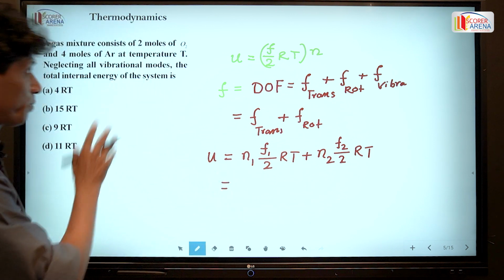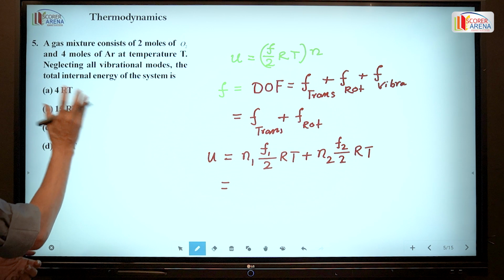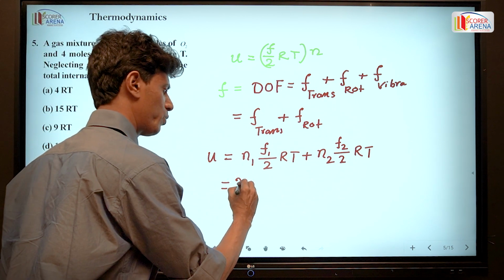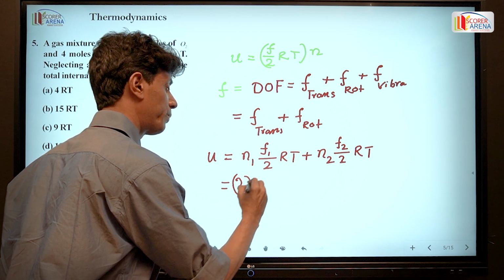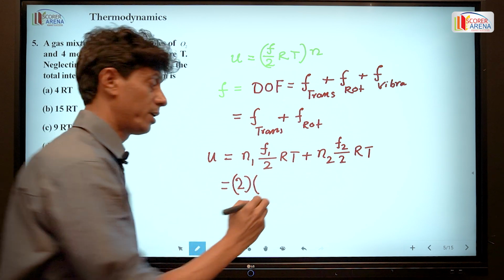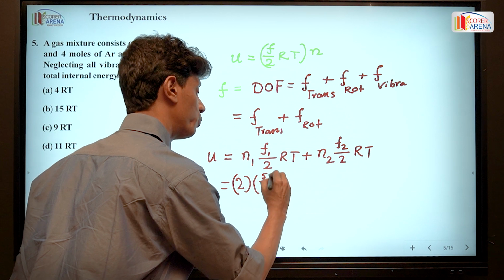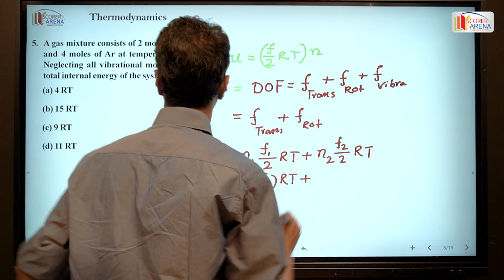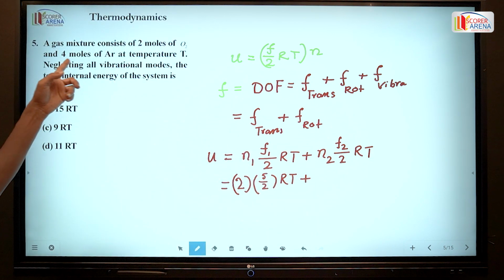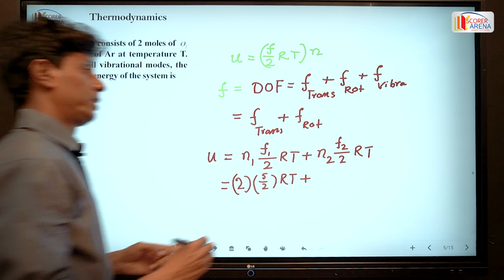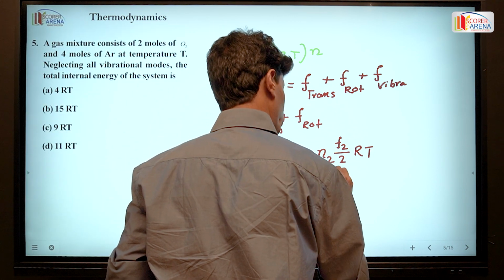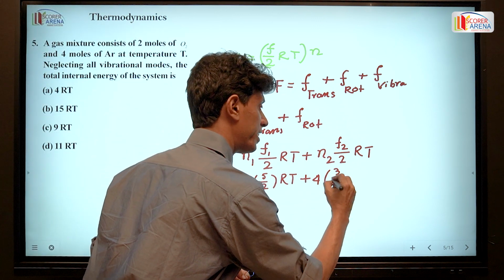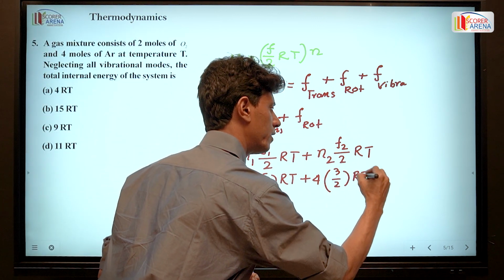Since the number of moles has been given in the problem, 2 moles of oxygen gas, so N1 is 2, and degree of freedom for diatomic gas is 5, so 5 by 2 into R into T, plus monatomic gas argon is 4 moles, so N2 is 4, and you know degree of freedom for monatomic gas is 3, so this is 3 by 2 into RT.